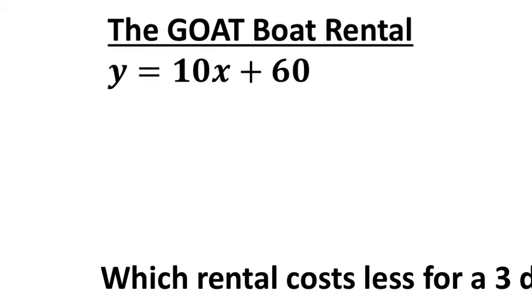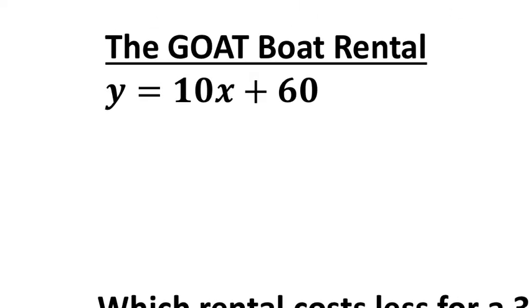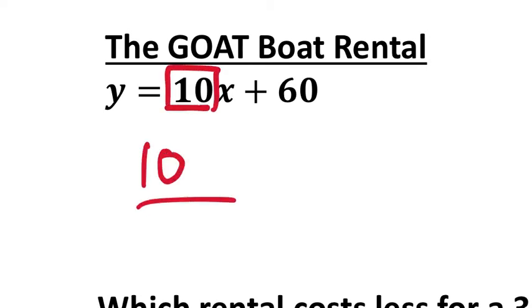Okay, so we know X is the number of days you're going to rent the boat for, and then Y is the cost. Now, this one, they gave us the rate of change right here. Remember, this is the coefficient of X. That's 10. I'm going to show it as 10 over 1 because it is a rate, so we should have two labels with the rate. And remember, just like we've seen before, it's always X values in the denominator, Y is in the numerator.